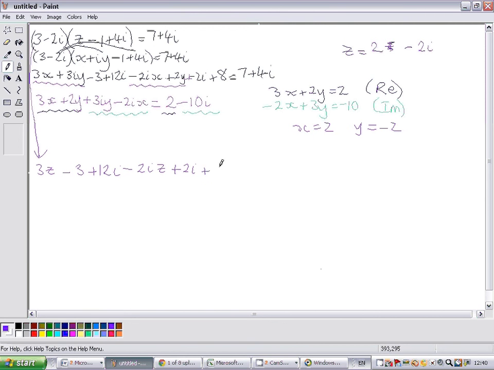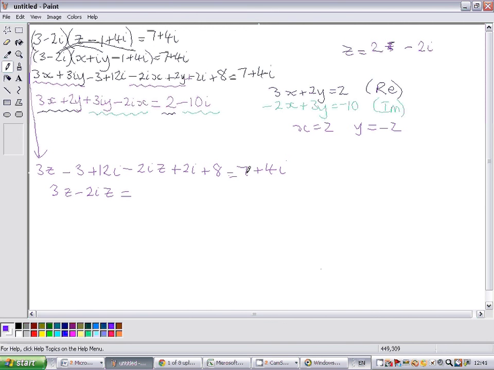Now, if I collect together the bits that have a z in them, we have a 3z at the beginning and a minus 2iz. I'll leave those on the left, and then I'm going to take everything else over to the right. So I've got minus 3 and plus 8, that's 5. So when I take it over, that'll give me 2. And then we have 12i and 2i is 14i.